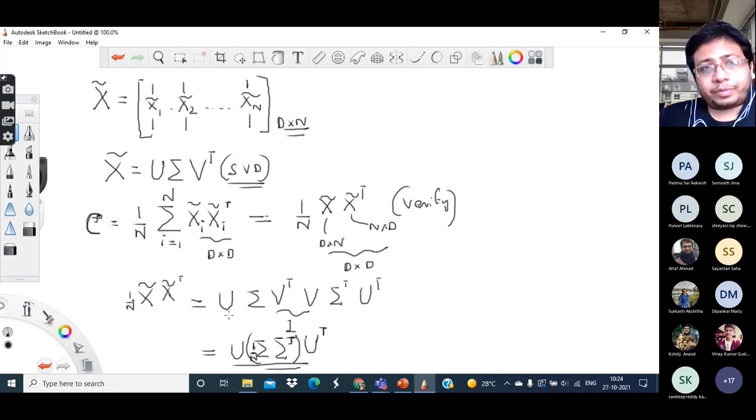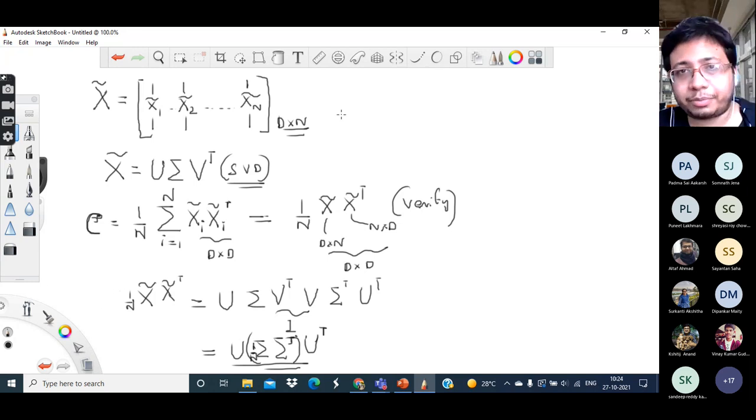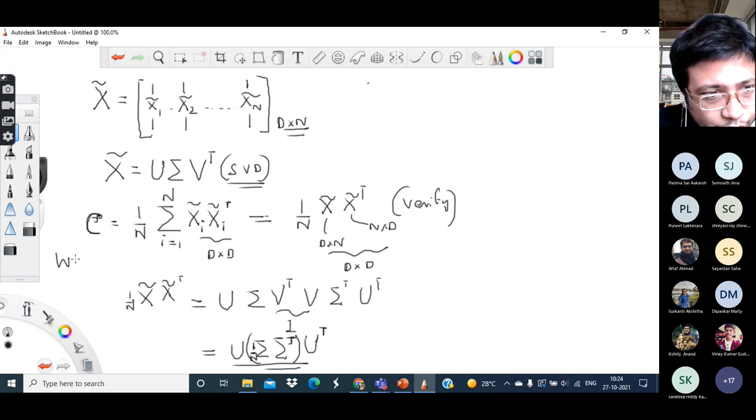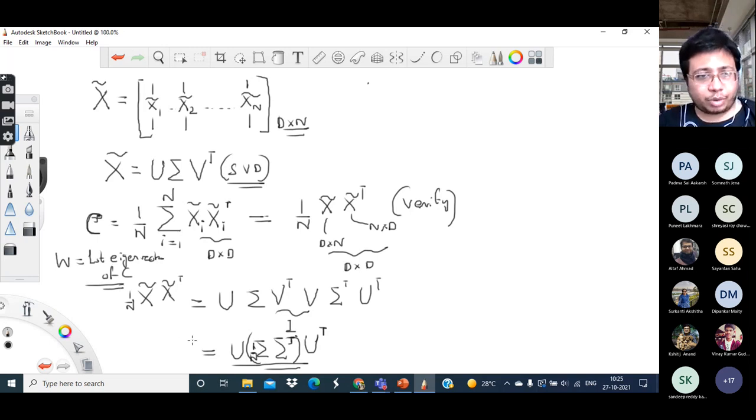So now you can understand that in the previous case, we were talking about taking the largest eigenvalue of C and the corresponding eigenvector, these being the quantities of our interest. That is, we were saying that W is the first eigenvector of C. But C is what?